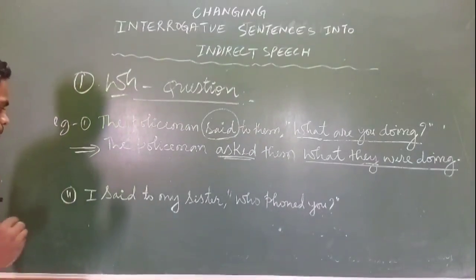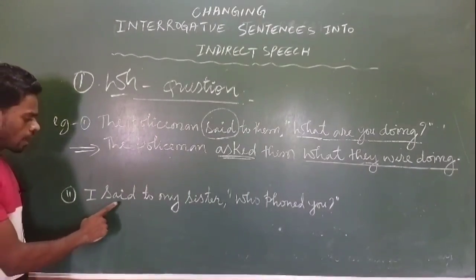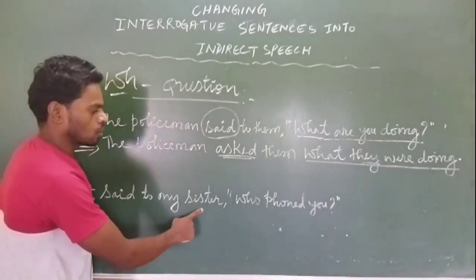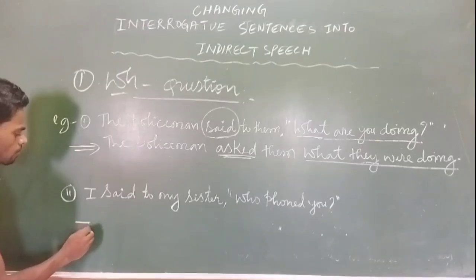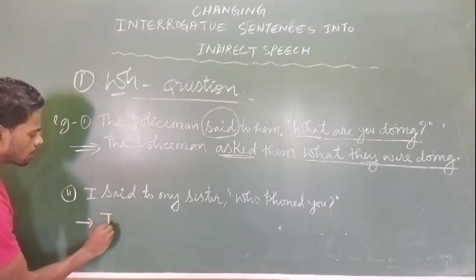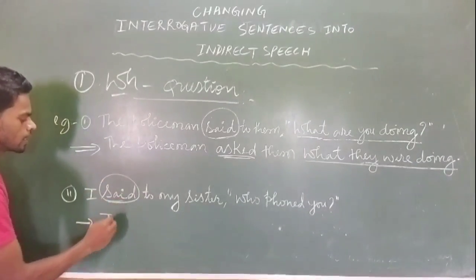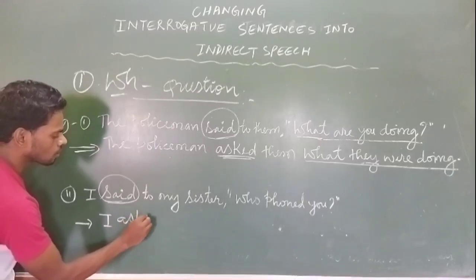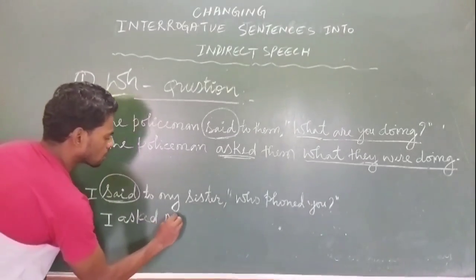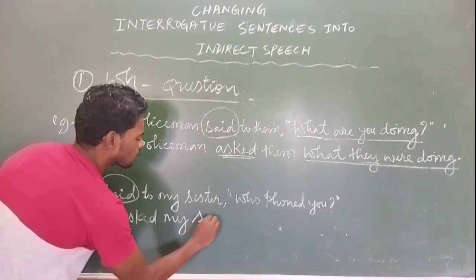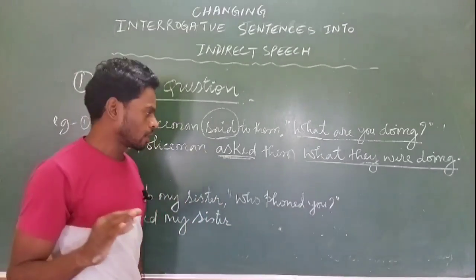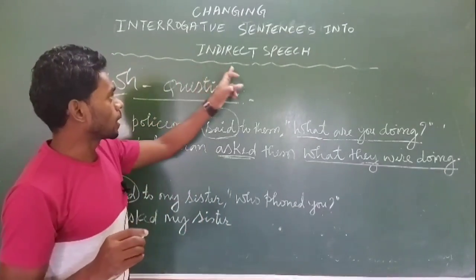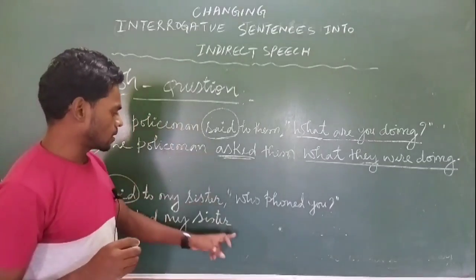Let's see one more example. Here I have written: I said to my sister, "Who phoned you?" When you change it, it will become: I asked my sister. Said will change into asked. The conjunction that is not needed when you change direct to indirect in an interrogative sentence.